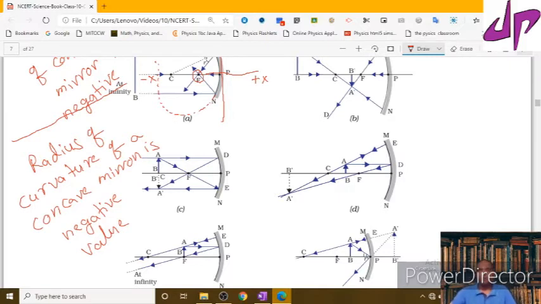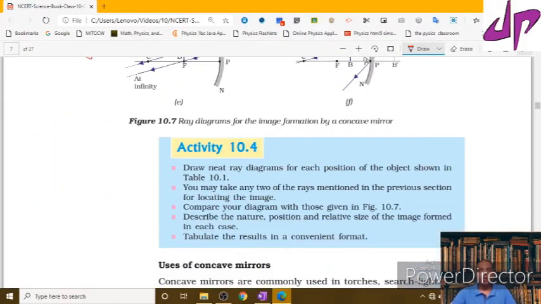This is the important key point while we are doing the problems.